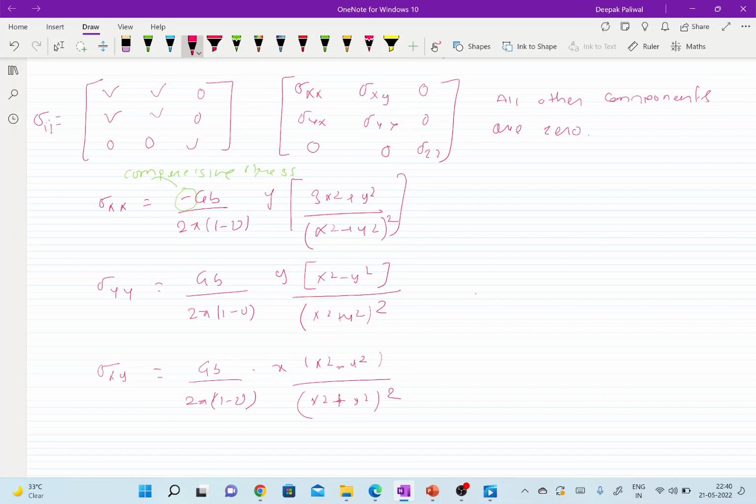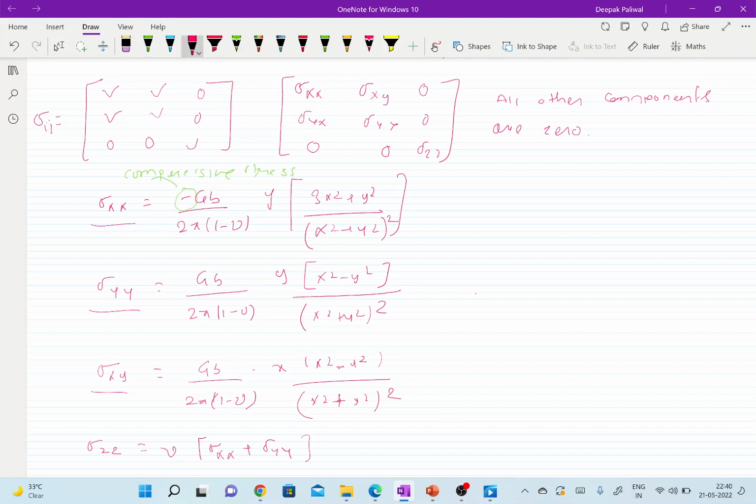So we have sigma xx, sigma yy, sigma xy. Let us see sigma zz. Sigma zz will be equal to nu times (sigma xx plus sigma yy). That should be nu times.